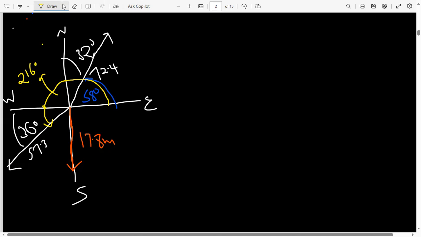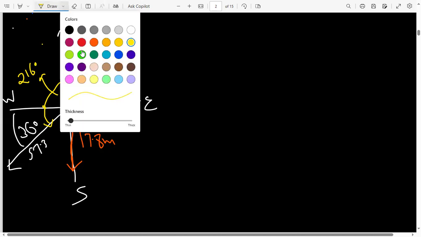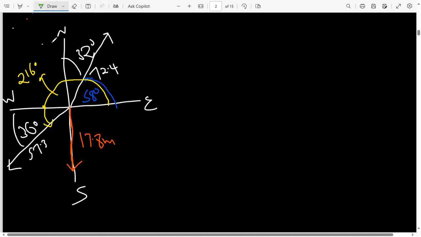Then the other one, which is in the south: we come again from the positive x-axis until we meet this red line. So what is the angle there?